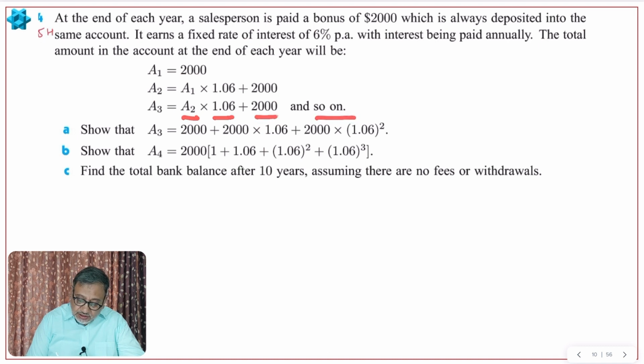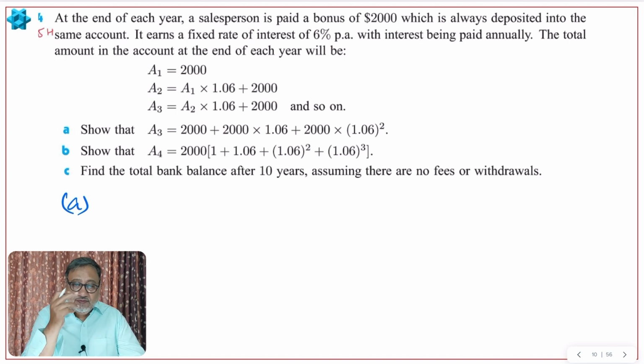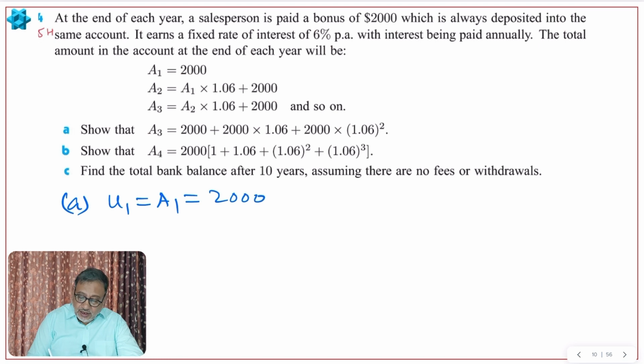Show that A3 is 2000 plus 2000 into 1.06 plus 2000 into 1.06 square. We have to show this. Look here, A1 is like U1, A2 is actually S2, U1 plus U2. So U1 is the same as A1, which is 2000, and R is 1.06.